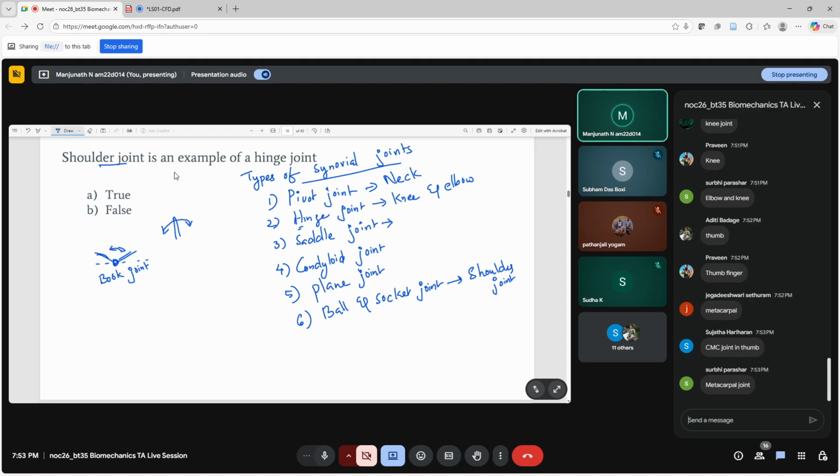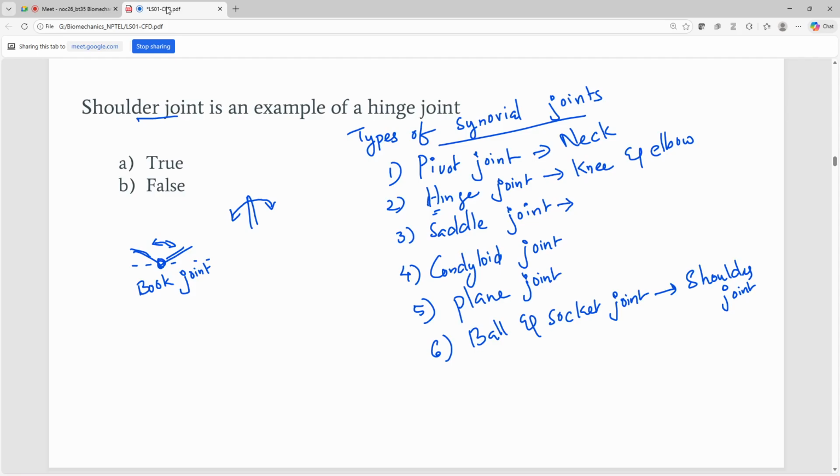Any other example? Okay, not just thumb or metacarpal.